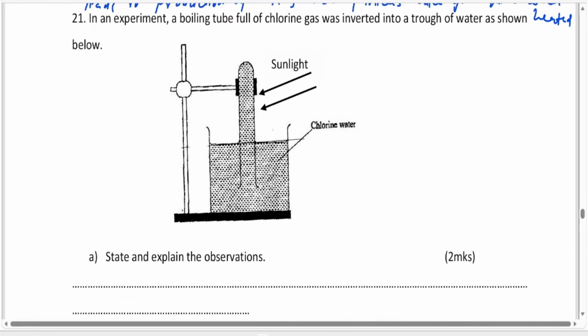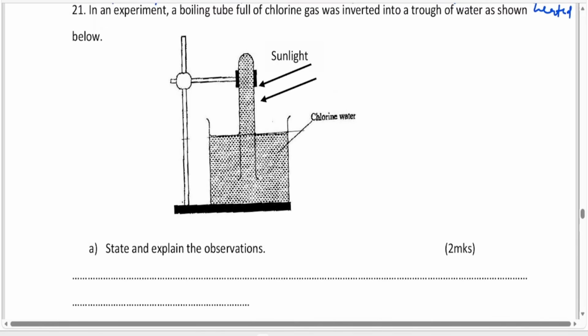Let's move to question 21. In an experiment, a boiling tube full of chlorine gas was inverted into a trough of water as shown below. State and explain the observation made. So when we invert a boiling tube containing chlorine, we expect first the chlorine to dissolve in the water to form chlorine water.